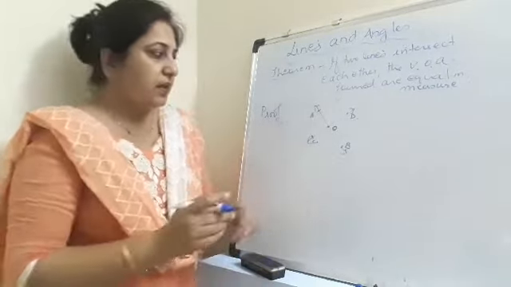I'll write angle AOC plus angle BOC is equal to 180 degree. This forms a linear pair. Equation 1. I am showing you the proof of this theorem, that if two lines intersect each other, the vertically opposite angles formed are equal.